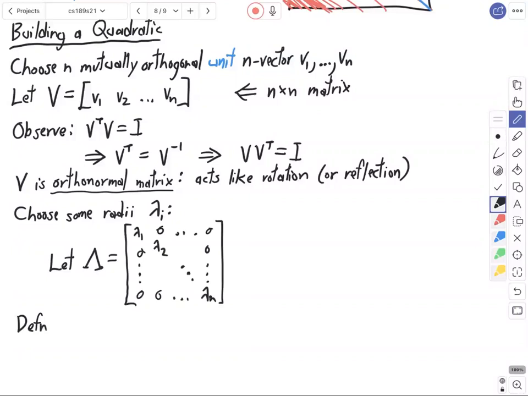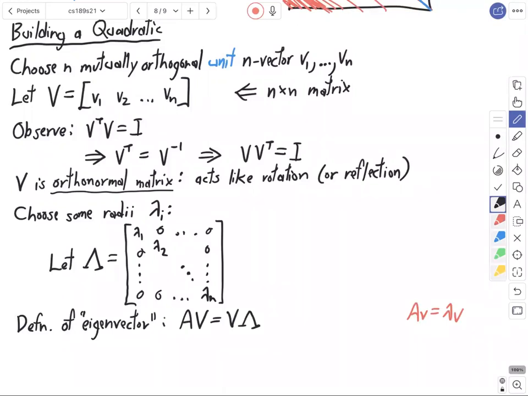Recall that the definition of an eigenvector, as I said at the beginning of this lecture, is a vector v such that Av equals lambda v. We're going to write that now in matrix form: A times the matrix V is equal to the matrix V times this capital lambda diagonal matrix.